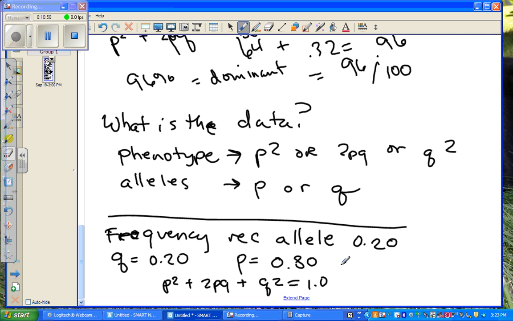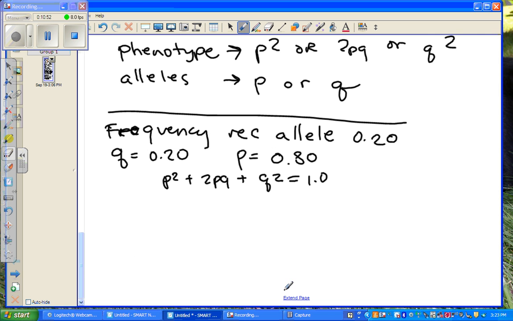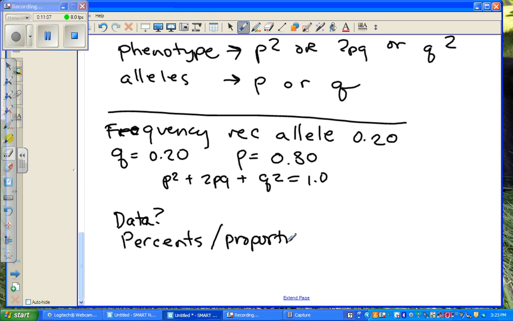So when you're working a Hardy-Weinberg problem, you want to make sure that you know what your data is, and you need to know whether you're being asked to work with percents or proportions, which you're going to express obviously as a percent value, or frequency.